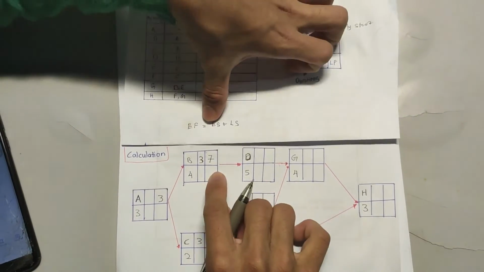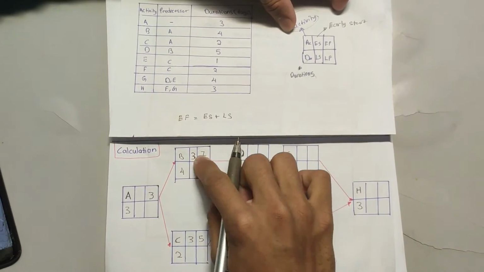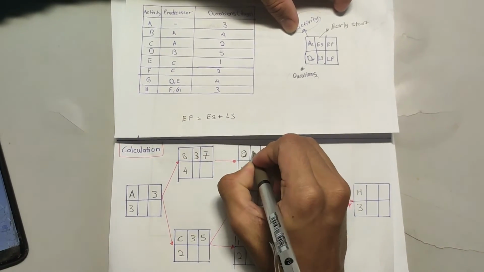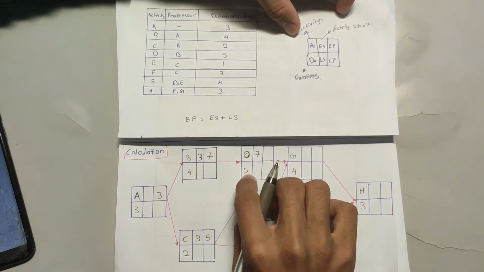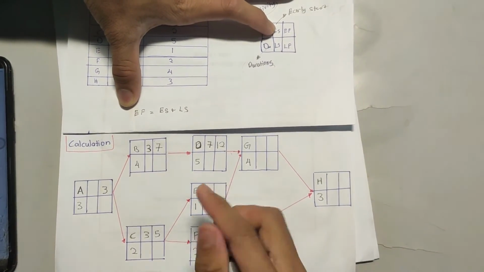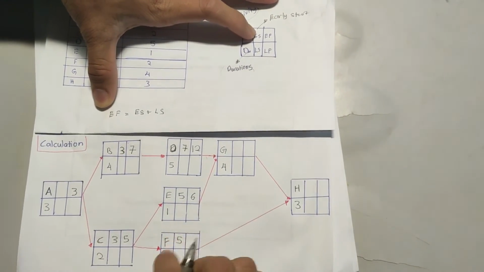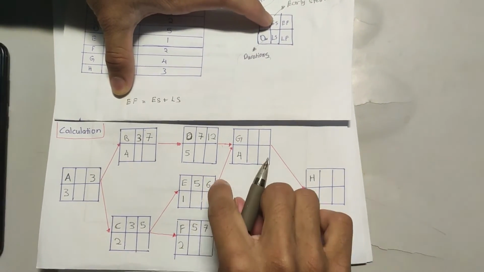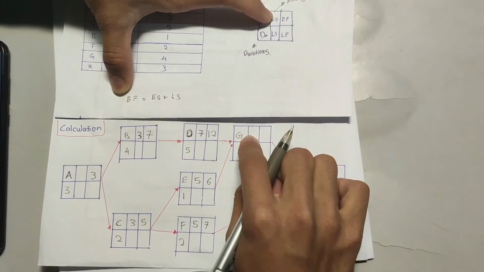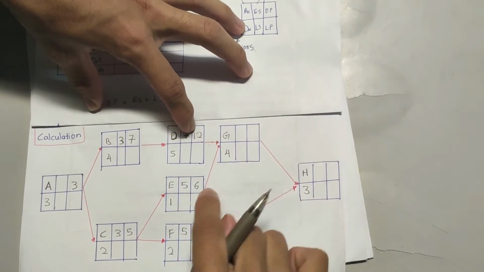Okay, look at the arrow. B can find D. 7 plus 5 is 12. Find E, also the same with F, 5. 5 plus 1 is 6. 5 plus 2 is 7. Then for G, from D and E, the biggest number is 12.